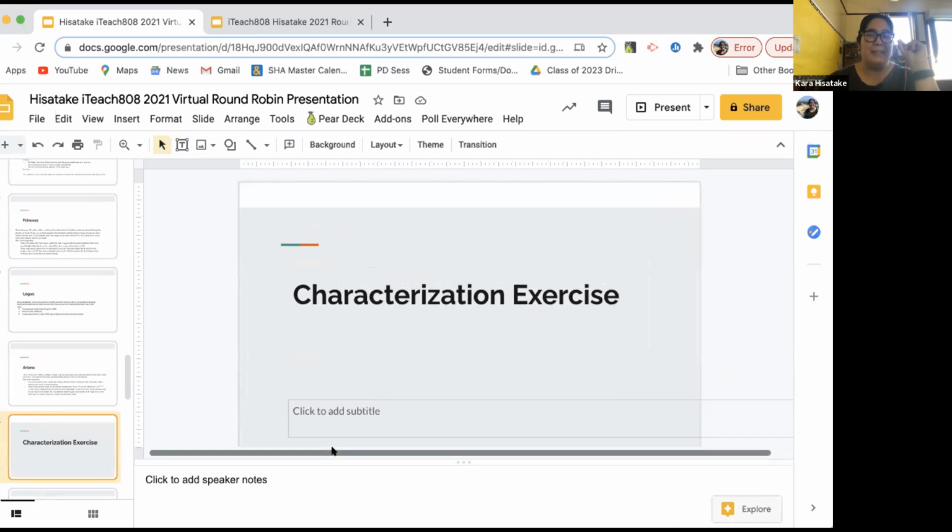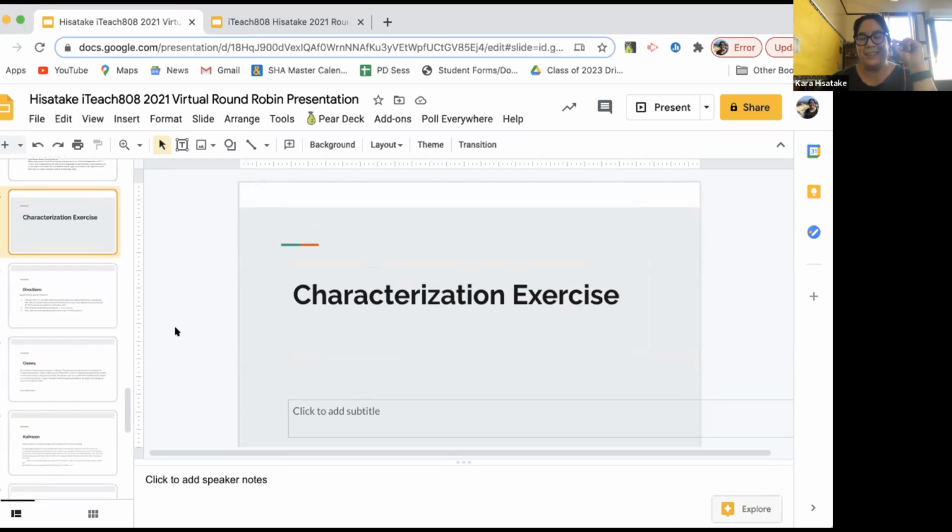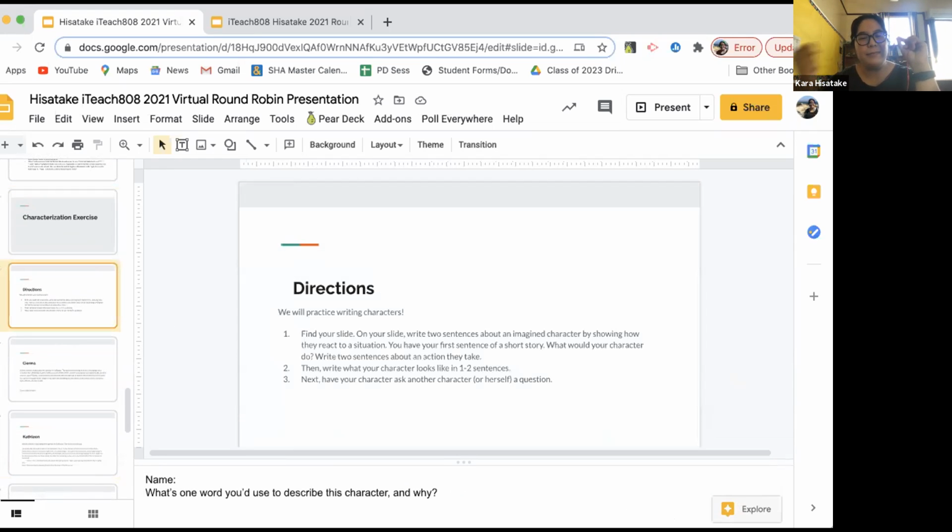Okay, another example here is a characterization exercise. This is for creative writing. And so here I asked them to find the slide with their name on it, and then write 2 sentences about an imagined character by showing how they react to a situation.